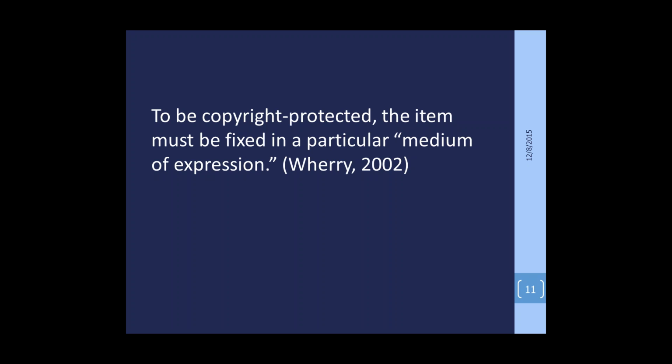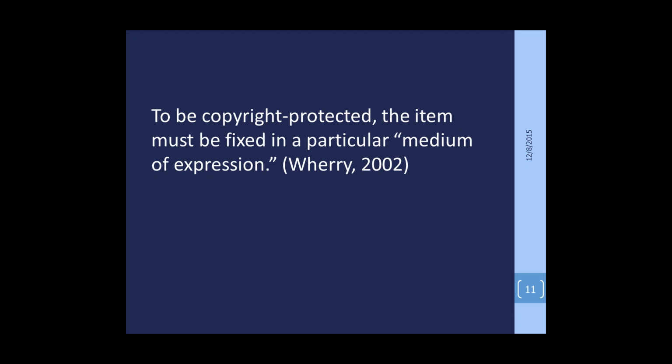So it's not just the magazine article or the book or even the web page or the software or the movie. It can even be things like modern dance, paintings, statues, etc. All kinds of things can be copyright protected because they came from a creative mind.